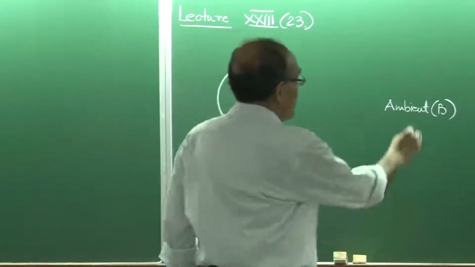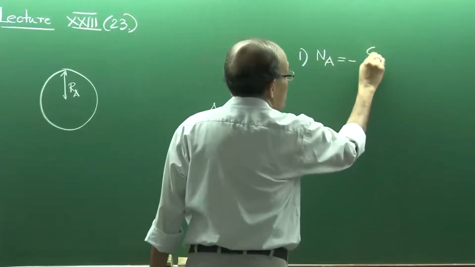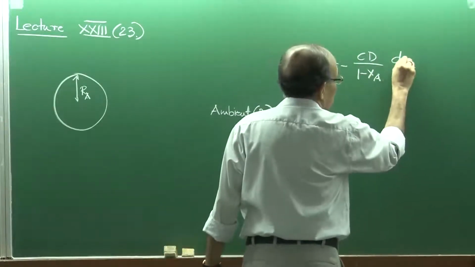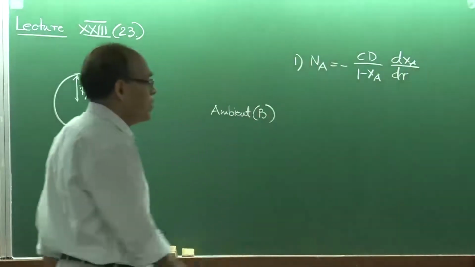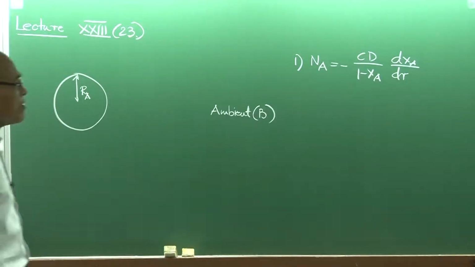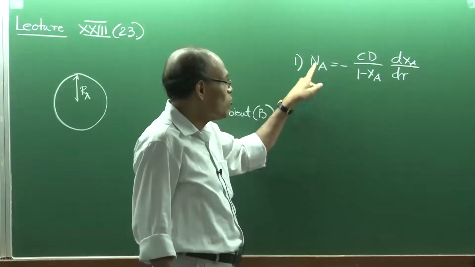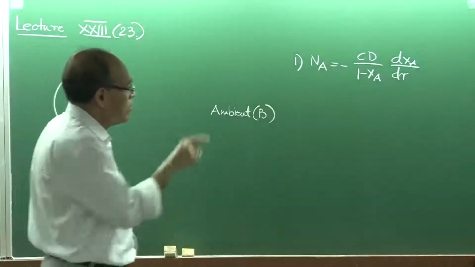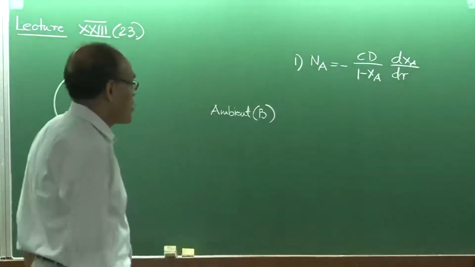So in case 1 we have the flux expression N_A equals minus C D over 1 minus X_A, and because of theta and phi symmetry, it is in the radial direction. So the flux of A in the radial direction, one could write N_A,r, where r represents the direction in which the flux vector is aligned, and this represents the corresponding concentration gradient.